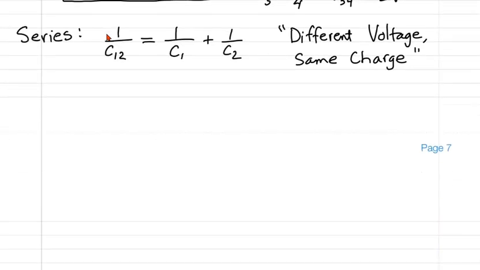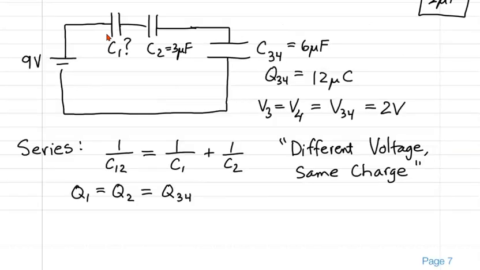So we know right away that Q1 must be the same as the charge on C2 and must be the same as the charge on the equivalent capacitor C34. And we had found this above: Q34 equals 12 microcoulombs. So capacitors in series have the same charge but different voltage.